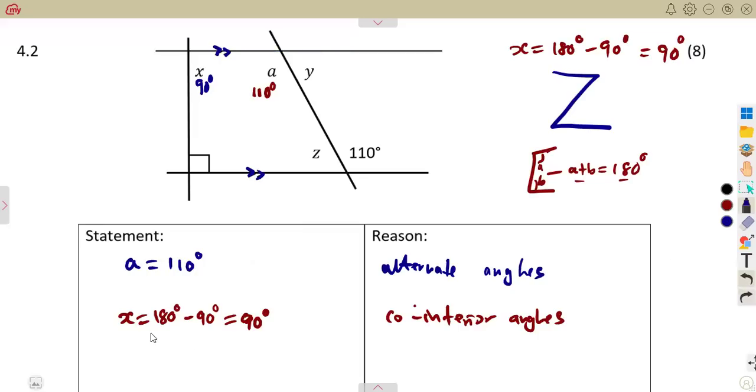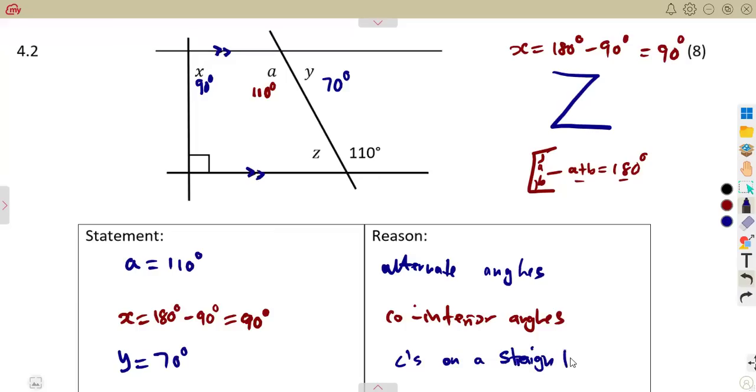Whatever way you use, Y is going to be 70 degrees, 180 minus this 110. I do not know which part we're going to use. Are you going to use angles on a straight line? As long as your Y is 70 degrees, it's fine. So here, I'm just going to use angles on a straight line.